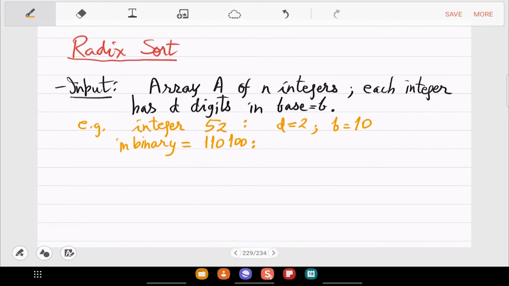It's 4 plus 16 plus 32, I think. Yeah, so that's the binary representation. So you have more digits there. d is equal to 6. The reason is that you have taken B to be small. So when you decrease the base, then the digits blow up. So that is the representation.